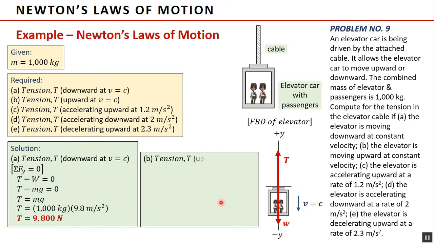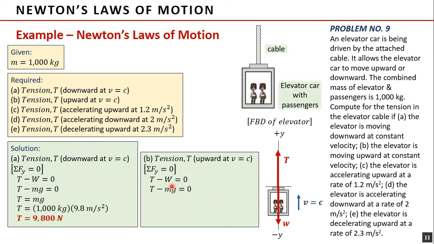Now let us solve for the tension if the elevator is moving upward at constant velocity. The free body diagram looks the same. The only difference is the direction of the elevator. We use again Newton's first law, since the elevator moves at constant velocity. Summation of Fy equals 0. Again, the forces on the y-axis are the tension T minus the weight W equals 0.